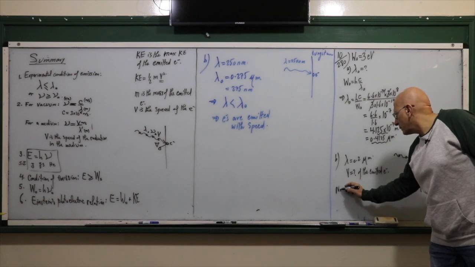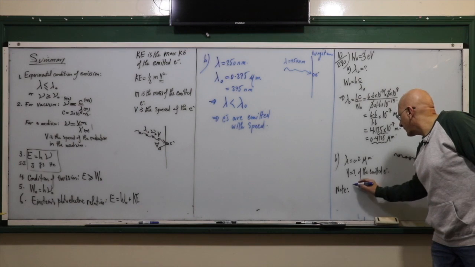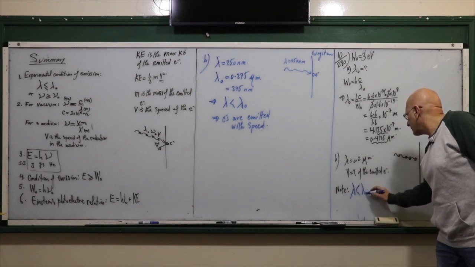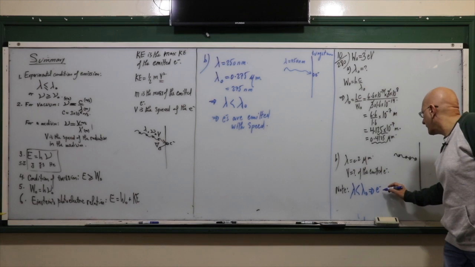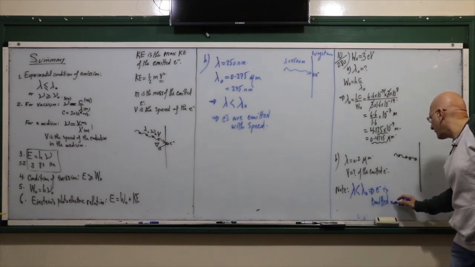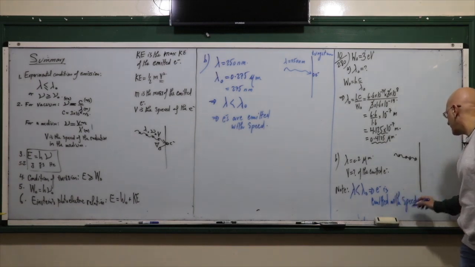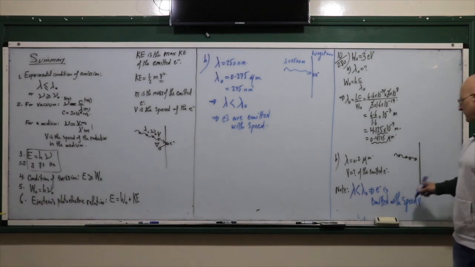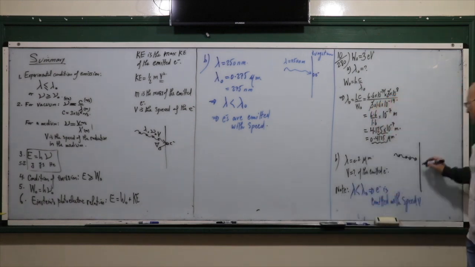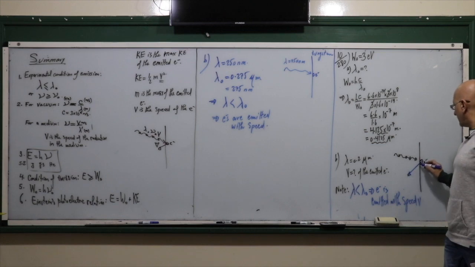Note, lambda is smaller than lambda node. This implies the electron is emitted with the speed v. The electron is at the surface and it is emitted with maximum speed at the surface here.